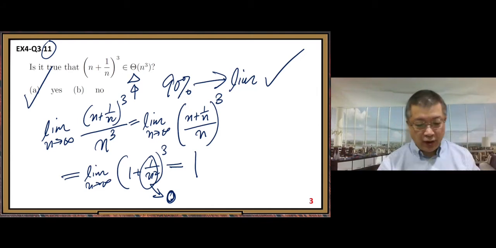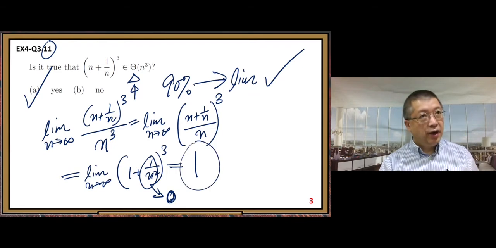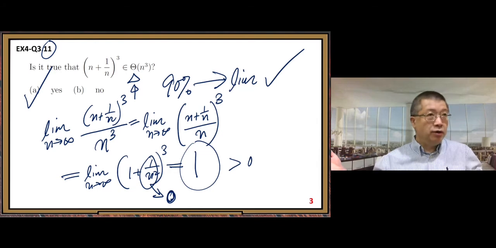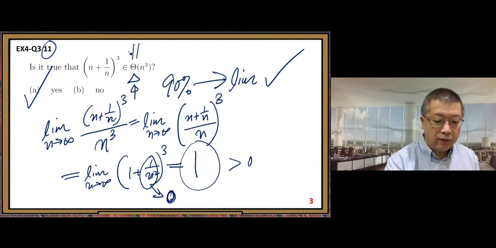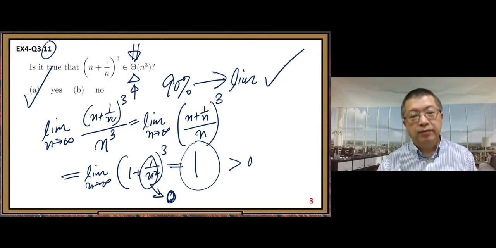The ratio of those two functions when n goes to infinity is a non-zero constant. That means the big theta relationship between these two functions. All right, so that's our third question.